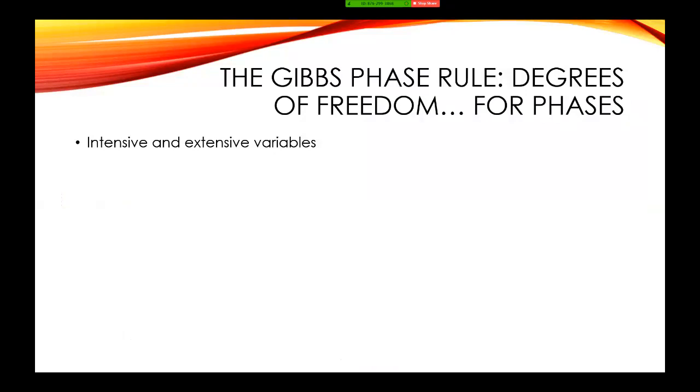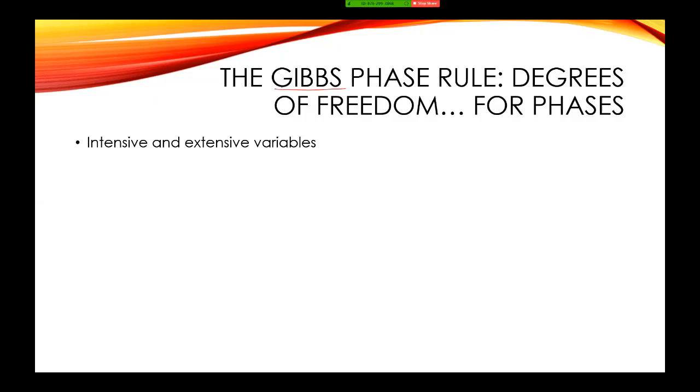So the first thing to know is the degrees of freedom of a system, in this case for phases. So Gibbs, the same guy that did the Gibbs free energy, an intelligent guy, developed a way to obtain the number of degrees of freedom, or variables, that we have to fix to solve our problem, right?